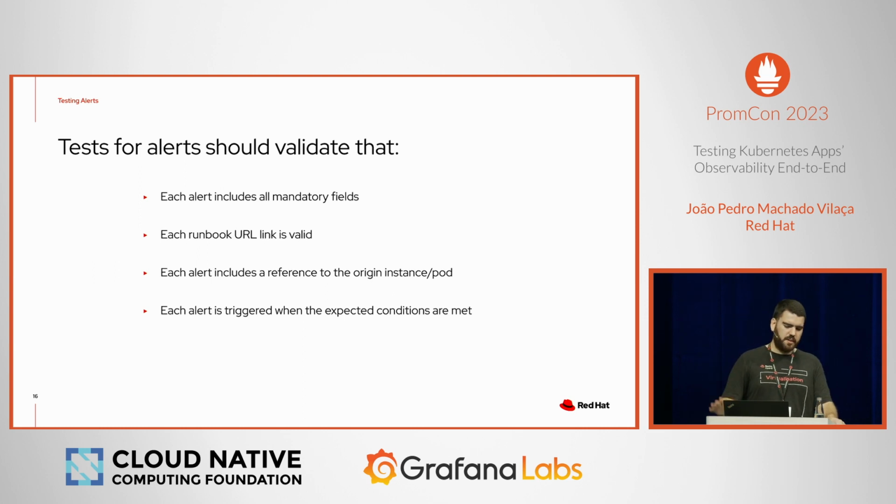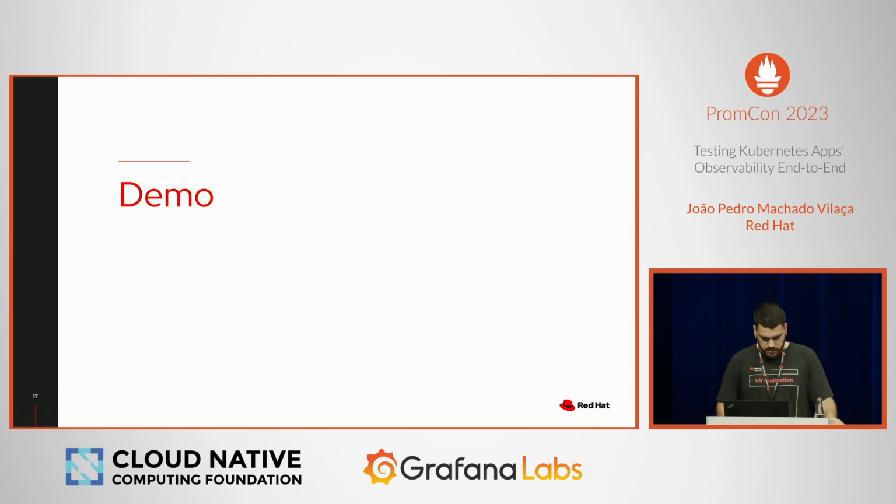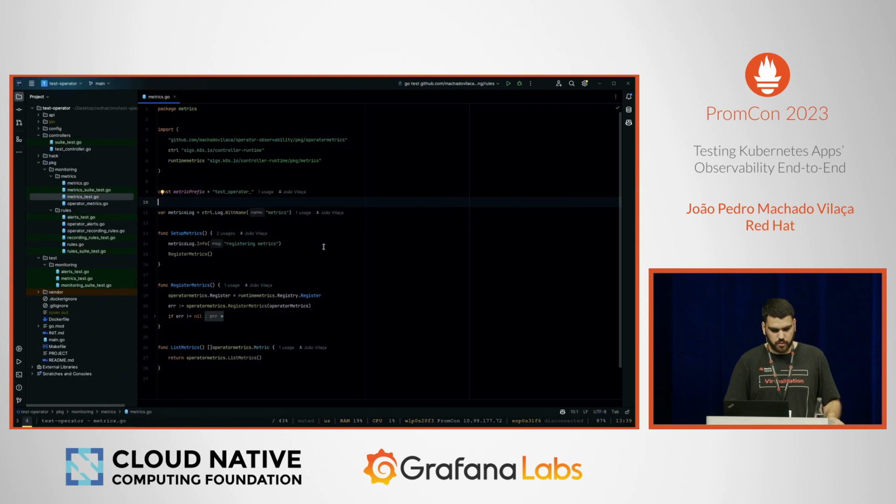We should validate that each alert includes all the mandatory fields, that each handbook URL link is a valid link and actually points to an existing document, because sometimes we get 404s, and that each alert includes a reference to the origin instance or to the origin pod, and that the alert is obviously triggered when the expected conditions are met. So let's go down to the demo.